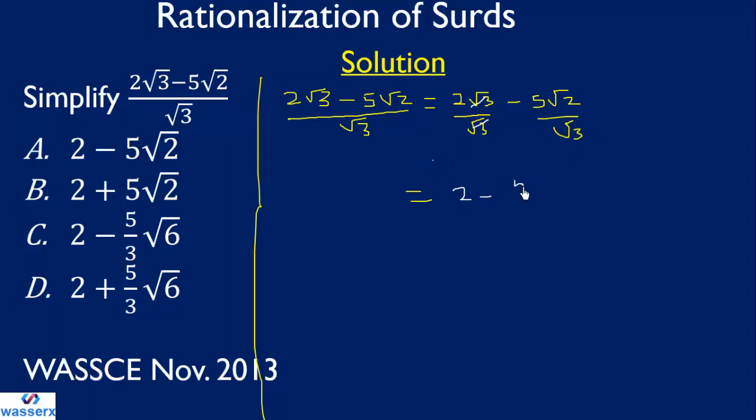Then minus, we will rationalize this one, 5 root 2 over root 3 times root 3 over root 3. So this will give us 2 minus 5 root 6, then root 3 times root 3 will give us 3. So the correct answer is C.